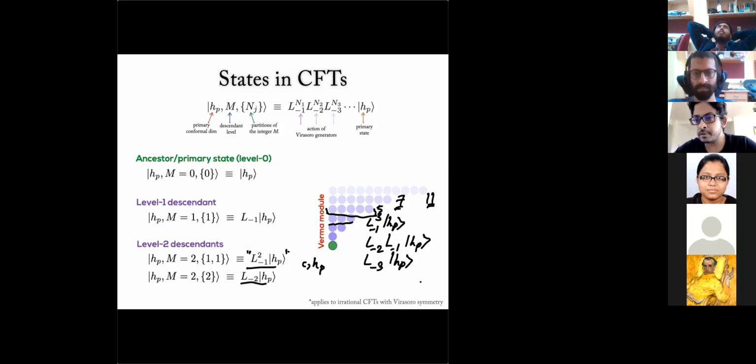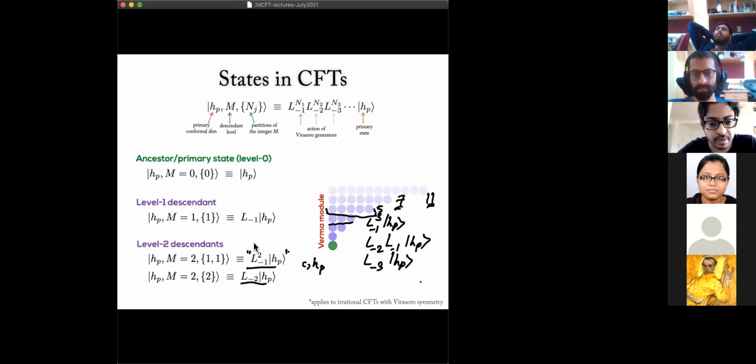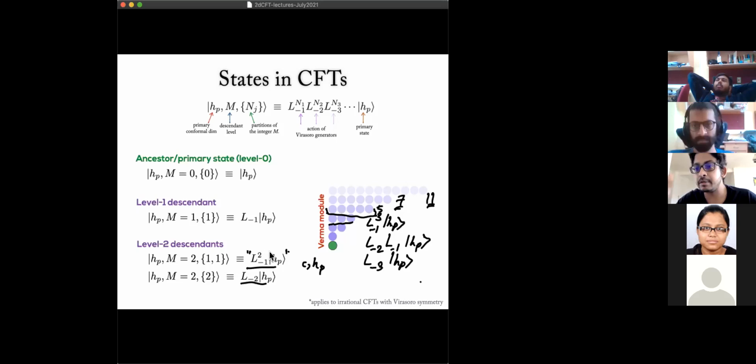You mean the coefficients in the linear combination, do they depend on HP or not? Yes, that's what I mean. If you try to write these Virasoro generators in terms of an orthogonal basis, then the coefficients can depend on HP. Yes, that is possible.